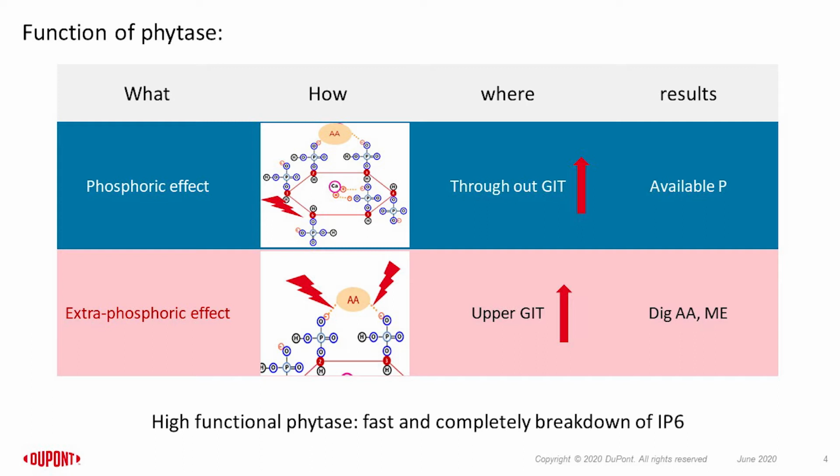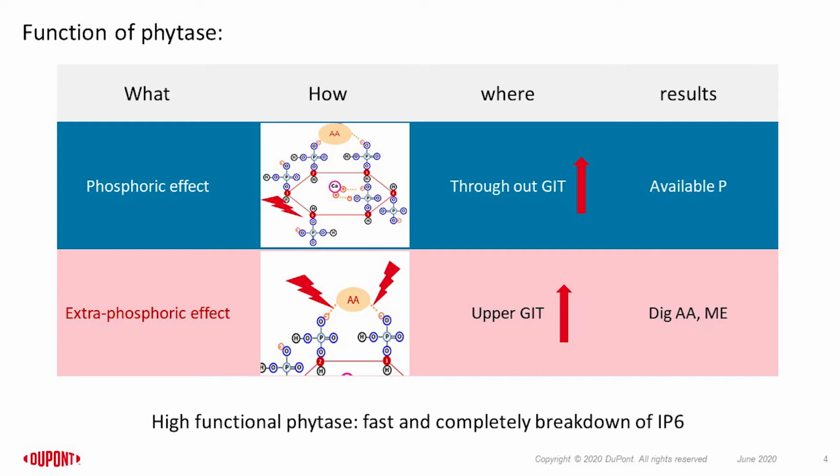Phytase can break down the phytate and avoid the formation of the amino acid-phytate complex. It can reduce other negative impacts of phytate on the digestive system, therefore improving digestible amino acids and energy.